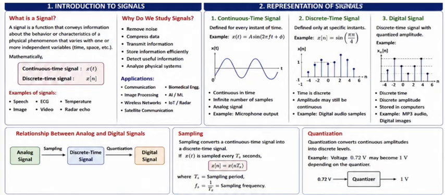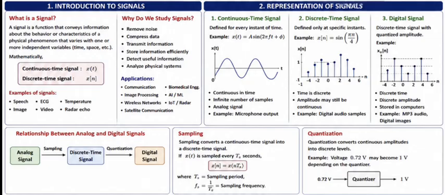Based on time, I can mathematically represent the signal as a continuous time signal or a discrete time signal. A continuous time signal we denote as x of t, and a discrete time signal we denote as x of n. A few examples of signals are speech, ECG, temperature, image, video, radar echo; everything comes under the signal.